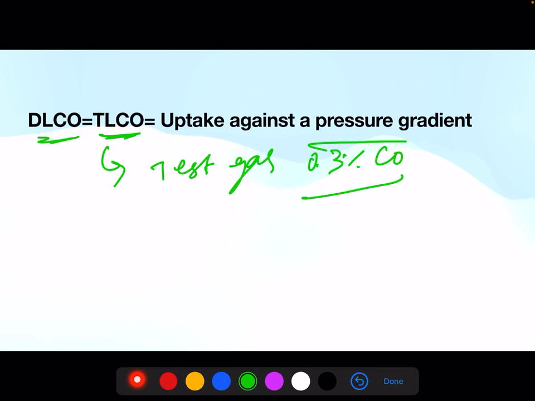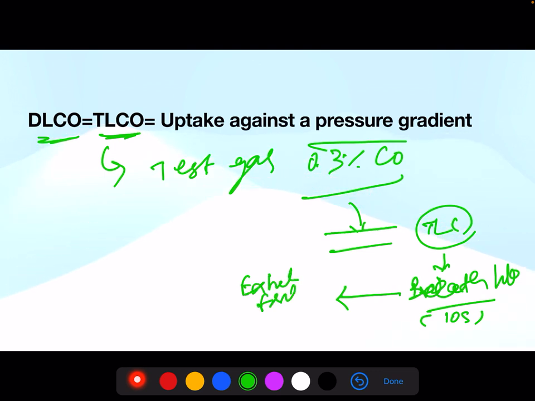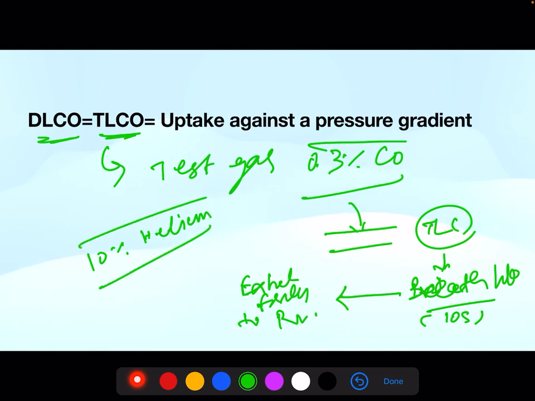After maximal expiration, the patient is asked to inhale this test gas to total lung capacity, then breath hold for 10 seconds, and then exhale forcefully to residual volume. Sometimes 10% helium is added in order to determine the alveolar volume.